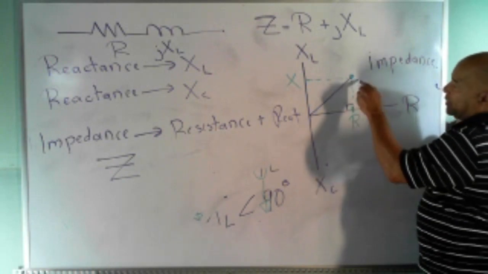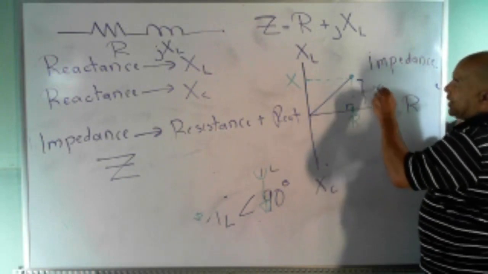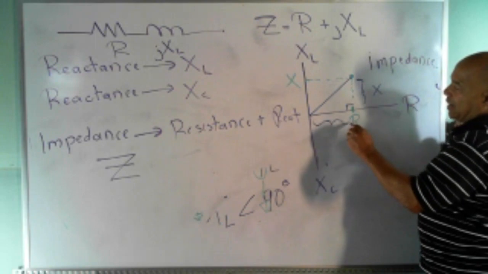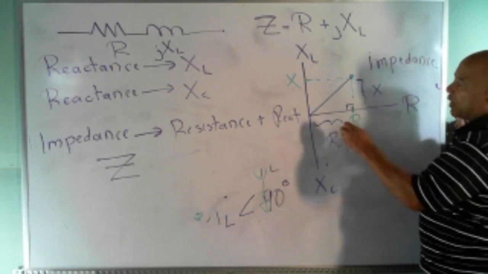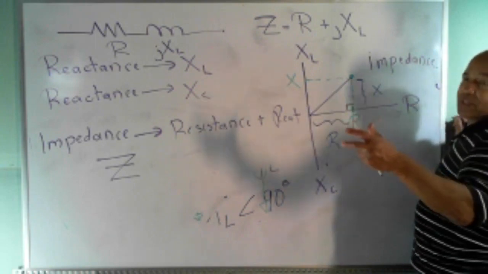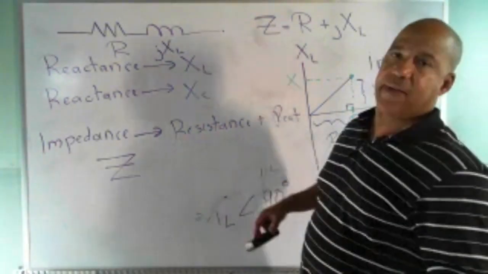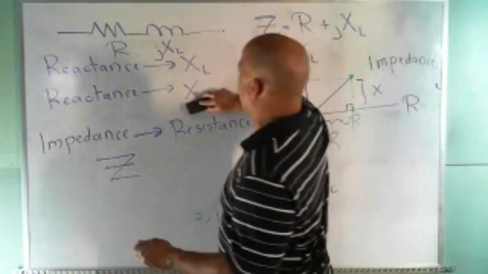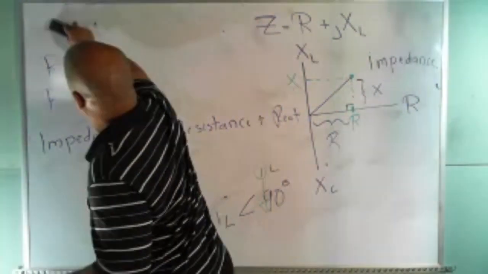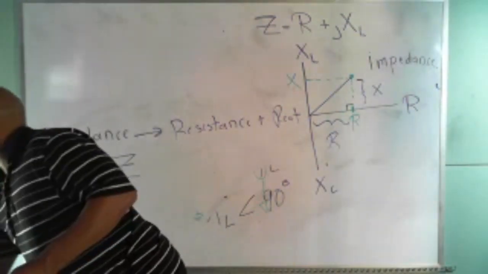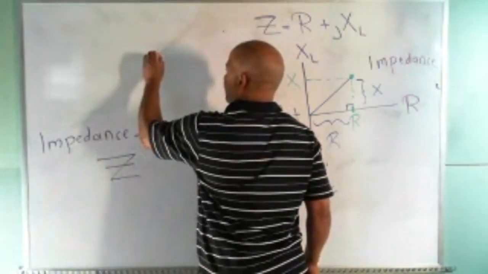This side of the right triangle becomes reactance, and this side becomes resistance. So all I'm doing is taking that triangle off this diagram. I got an impedance diagram, and the triangle I get, they refer to that as an impedance triangle. That's usually what people work with, the impedance triangle. And so it looks like this.